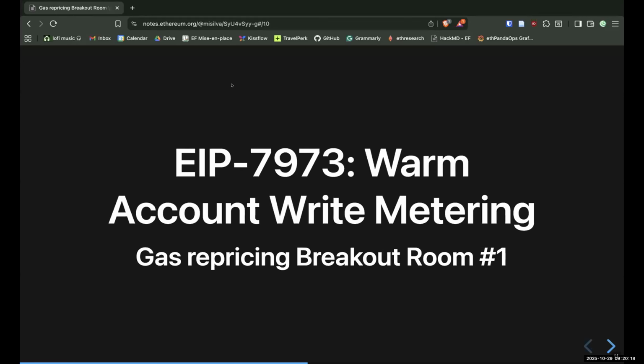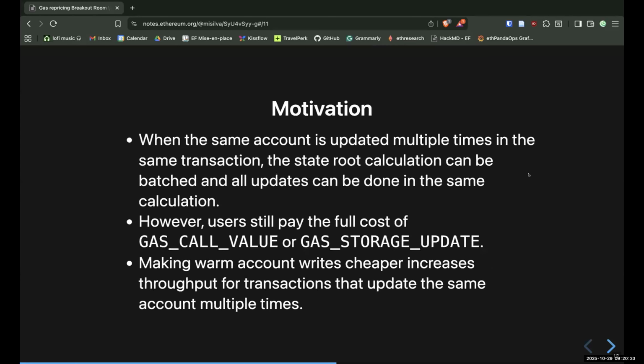So I think this is one of the most recent EIPs. It was done together with Charles, and is about introducing warm account writes. The innovation is essentially that when an account is updated multiple times in the same transaction, the state root calculation can be batched, and all updates can be done in a single calculation. My understanding is that this is the standard operation of all clients.